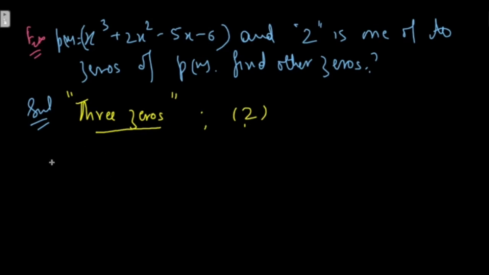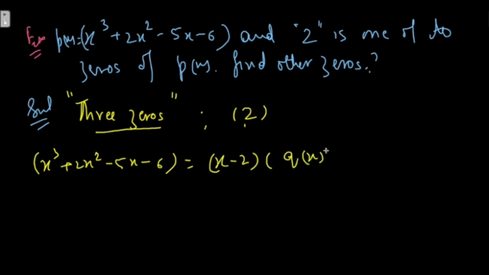Now we can express this polynomial x cube plus 2x square minus 5x minus 6 as what? Multiple of x minus 2, the divisor, and some quotient polynomial, right?